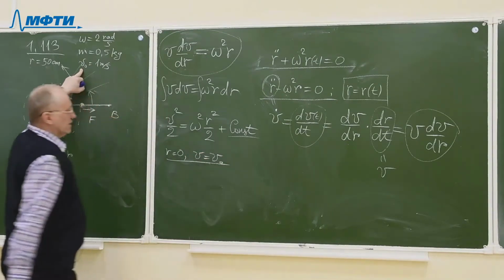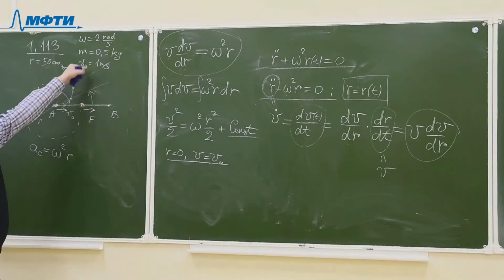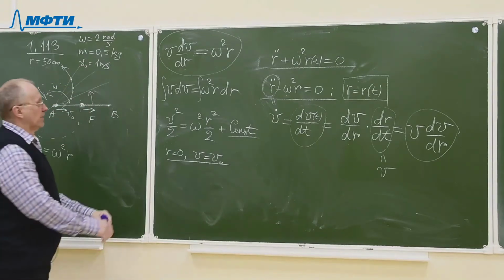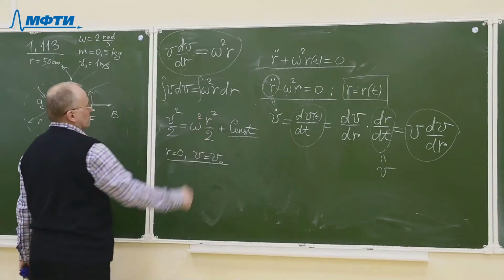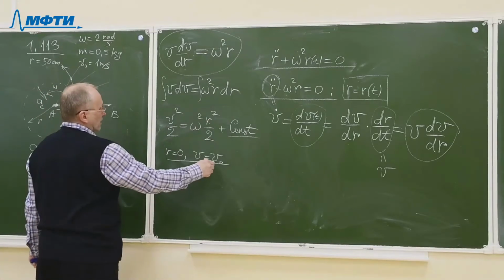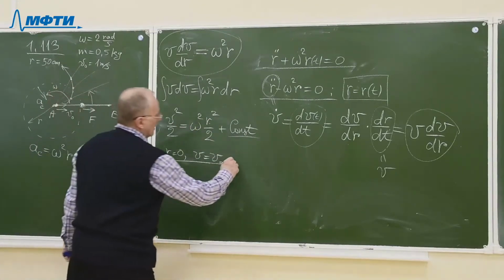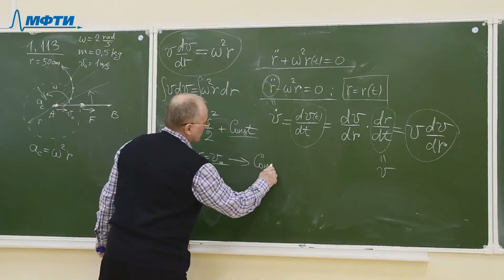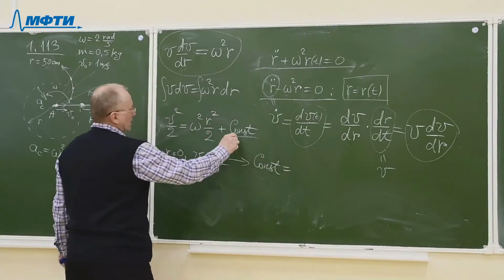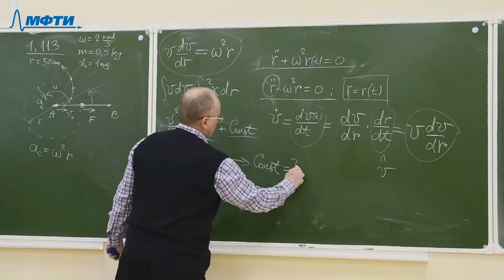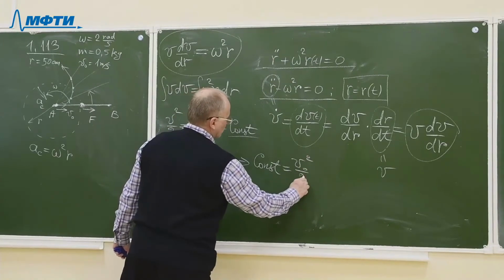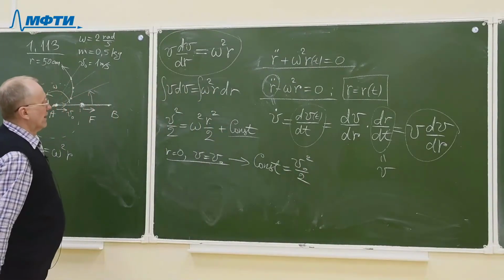It's given to us in the statement of the problem. So substitute here 0 for r and v0 for v, and we obtain that the constant, which was unknown to us, is now defined. It's v0 squared divided by 2.